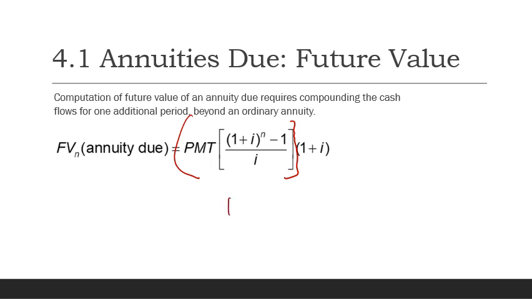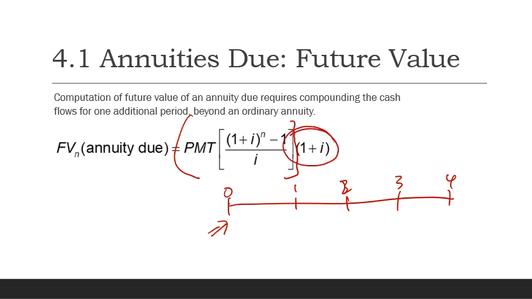As I mentioned, there is an extra period because the payment starts earlier at the beginning of the year, so there is an extra interest rate. So you just multiply by 1 plus i. It's the same concept used in the formula of present value of annuity, as shown in the next slide.